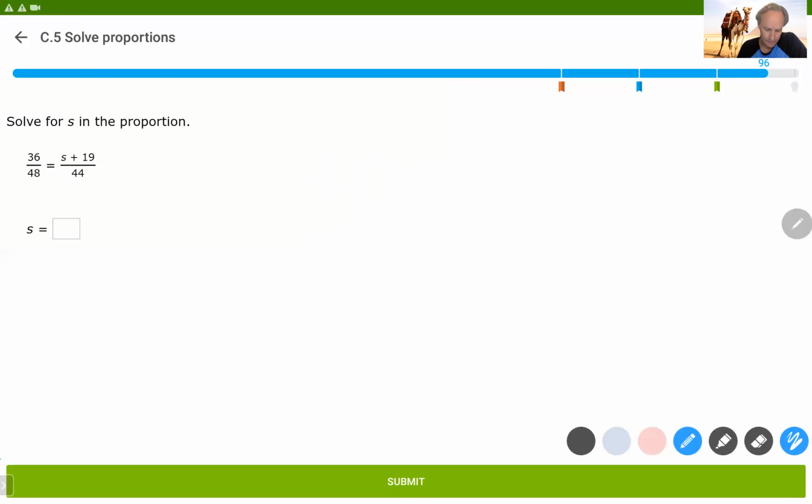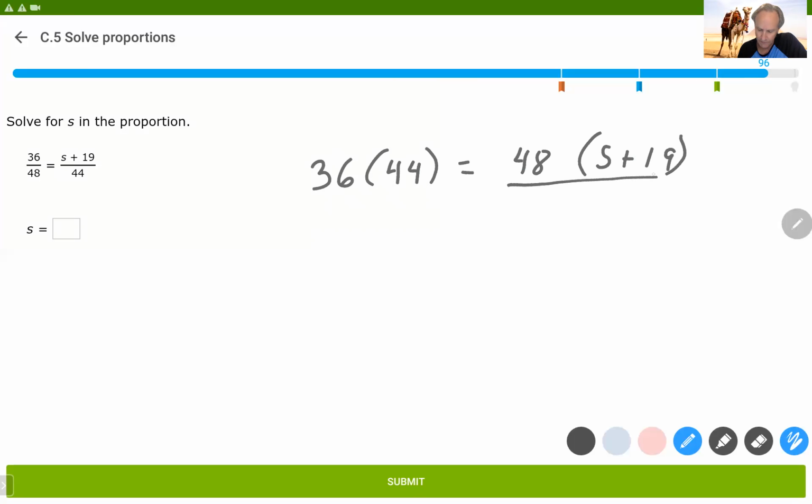All right, we've got 36 times 44 is equal to 48 times s plus 19. Now I'm going to make this a little easy on myself by dividing by the 48. And I'm going to leave my s plus 19 over here for now.